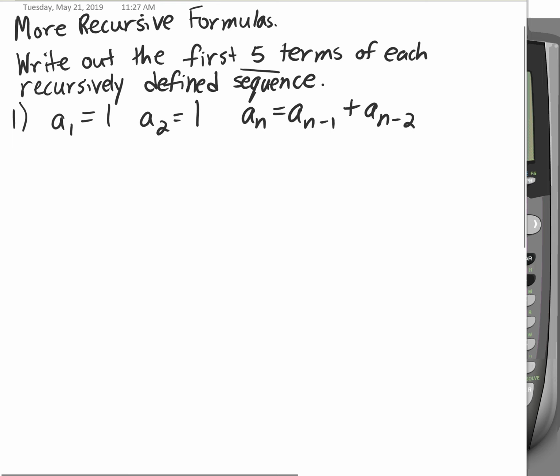In this video, we are going to look at more ways that we can use the recursive formula other than just the arithmetic and geometric that we have looked at already. So in our first two examples, we are going to write out the first 5 terms of each recursively defined sequence. Just to identify a couple things, we know that a sub n minus 1 means the previous term.